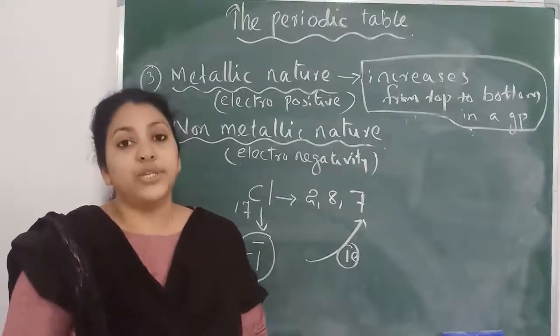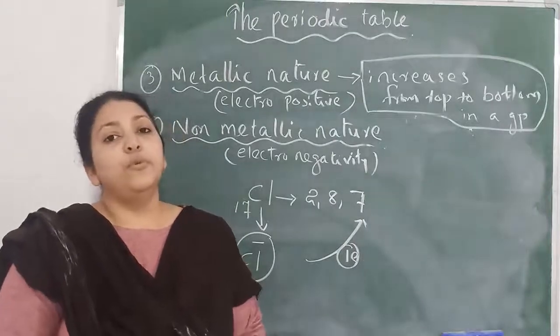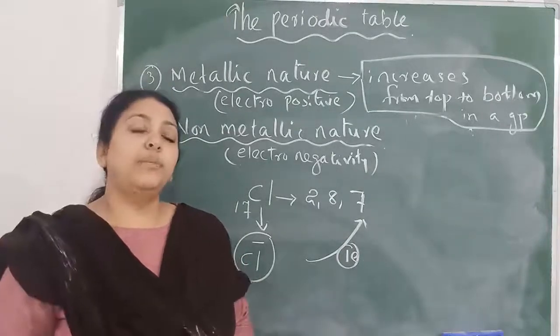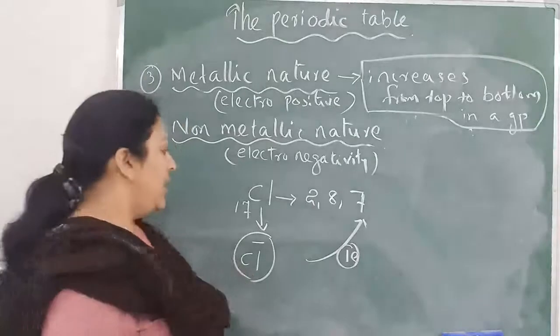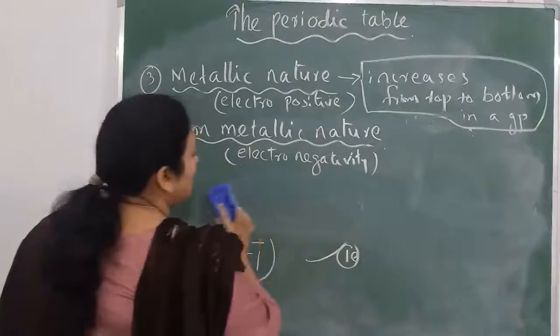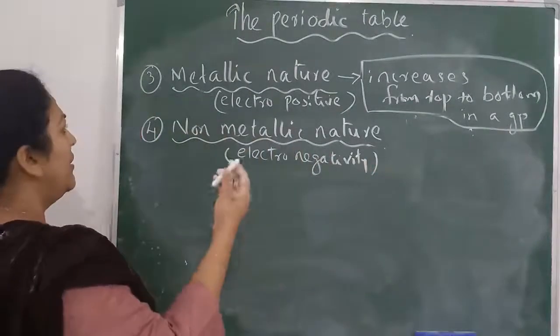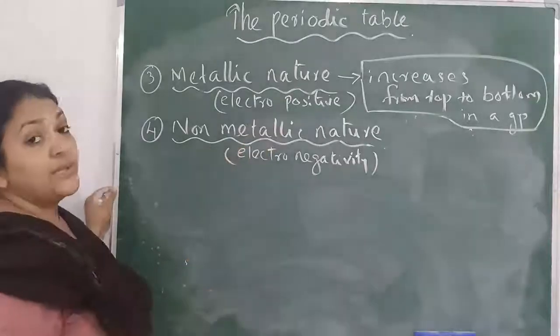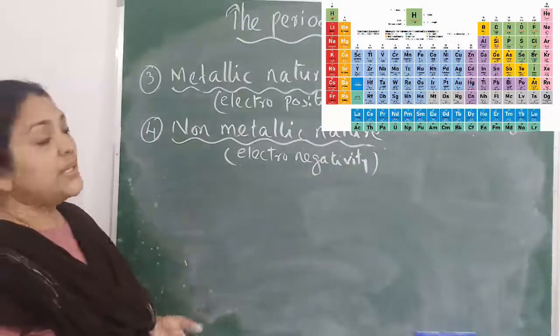Now we are going to check what will happen to electronegativity when we move from top to bottom in a group and from left to right across a period. So let's take an example as usual. The first is a group; any group you can take. For example, let me take halogens. They are non-metals. We are discussing non-metallic nature, isn't it?